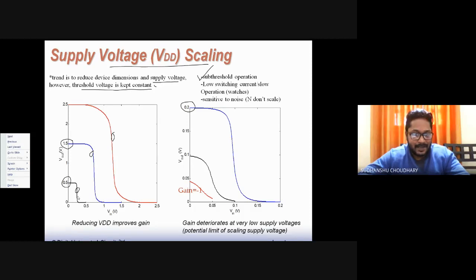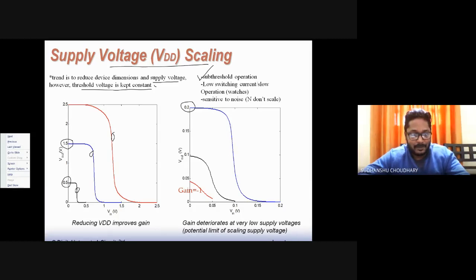And if it is straight, then you might be knowing, we had studied that if it is straight, then the gain is infinity. Okay. So up to this point, the gain was improving, that is near switching threshold. Now when VDD is scaled down below switching threshold, you will see that the curve which was getting straight here again started getting a little bit tilted or slanted.